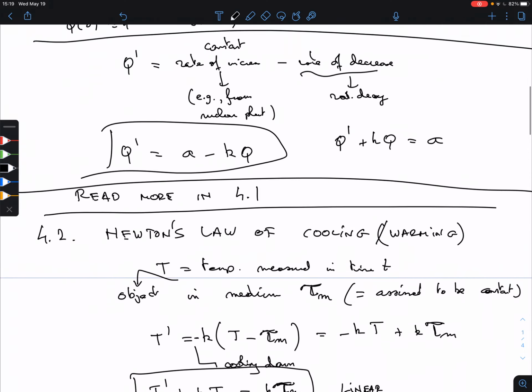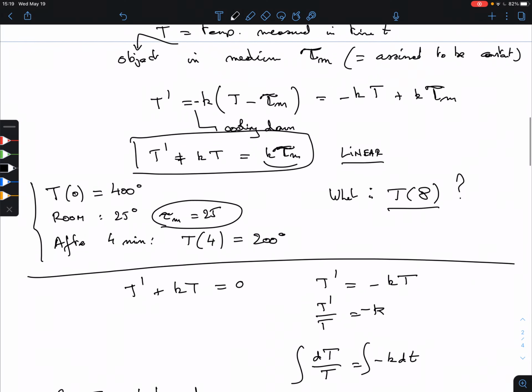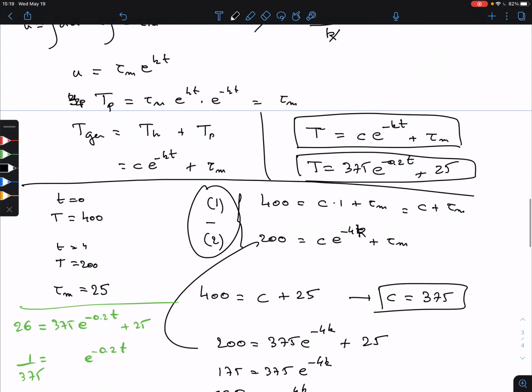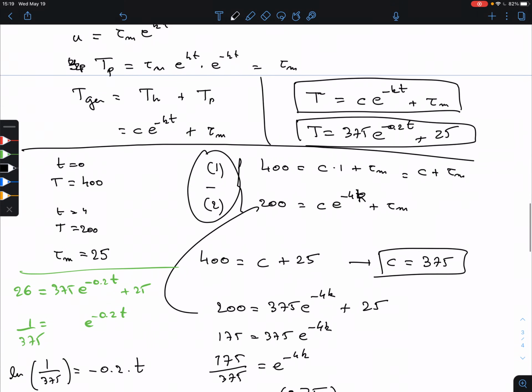So it will take about 27 minutes. I think we were measuring things in minutes. I don't even know whether I said what the units were. Yeah, minutes. So after 27 minutes, it will be almost cooled down completely, almost at room temperature. That's not that long. It's kind of funny, right? It takes only 27 minutes to get to 26 degrees, but from 26 to 25 degrees takes infinitely long.